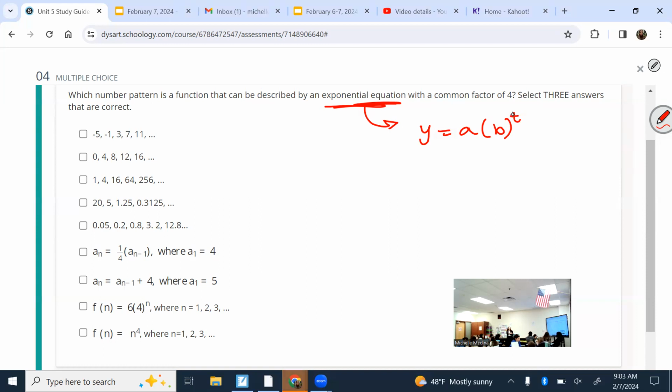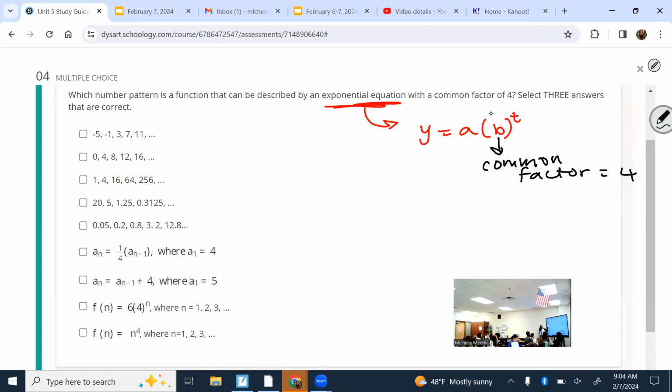And that's one variation. What of these variables represent my common factor? B. So when it says we want a common factor of 4, we want 4 to be what we're multiplying by each time. It wants the B to be 4, the one that's attached to the exponent. Otherwise, in a pattern like this, if my common factor is 4, I should be multiplying by 4 each time. That's what your common factor is used for.